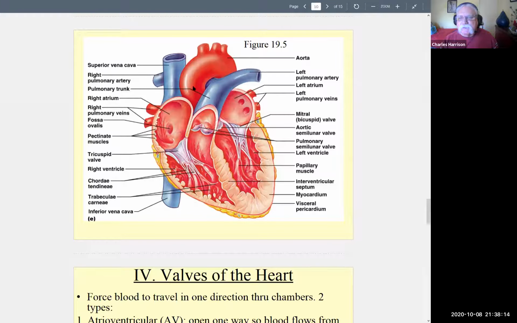The blood now comes up, and it has a chance of going into these structures here. You'll learn about these later. They're not labeled now. They're the brachiocephalic artery, left common carotid artery, and the left subclavian artery. Don't have to worry about that now.